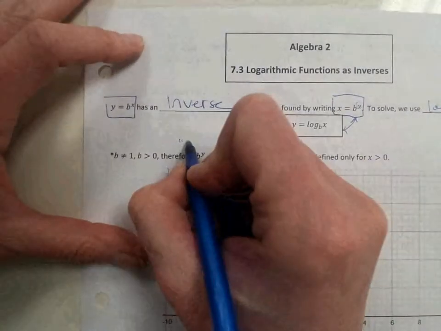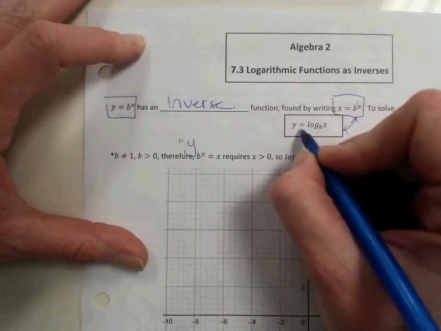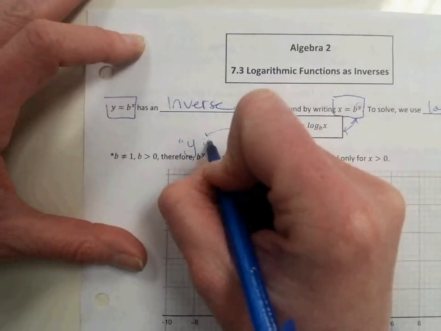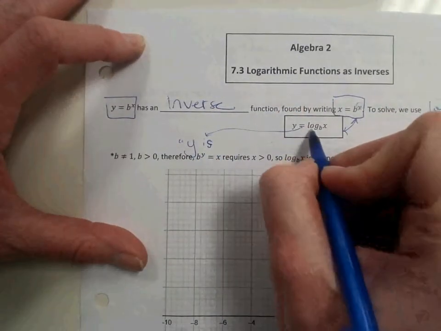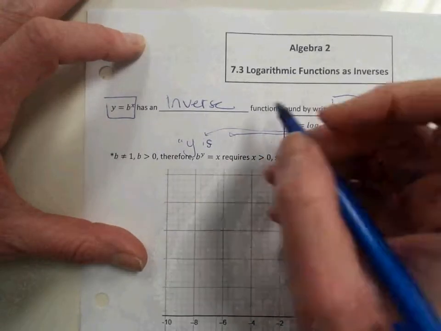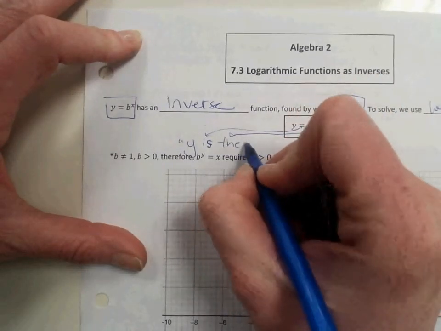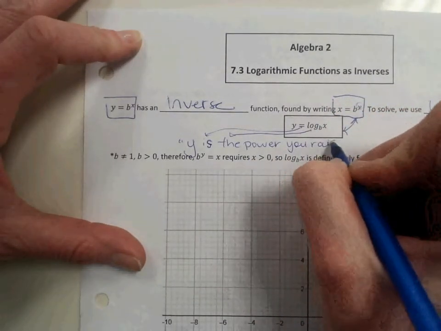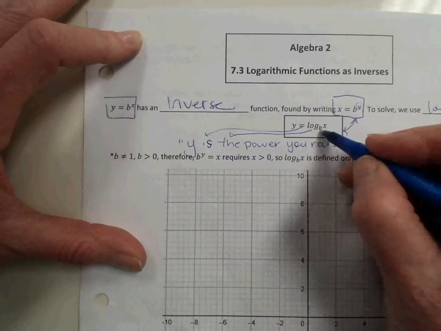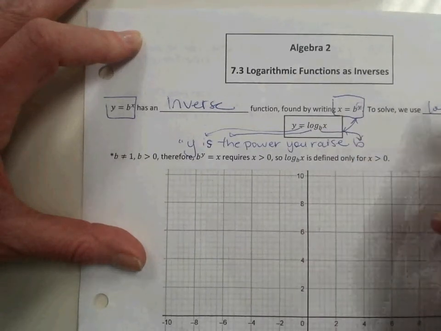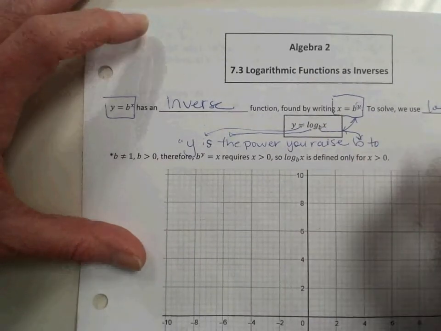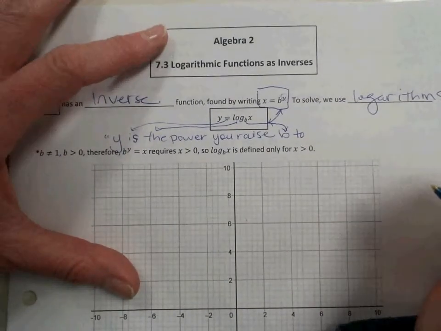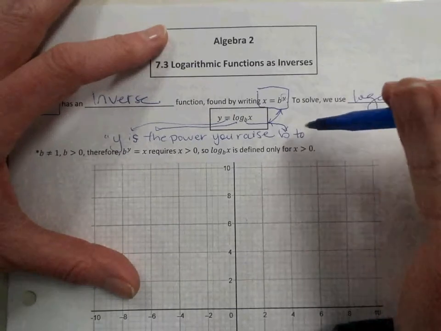Y, and then the equals symbol is the word is, log will be translated into the power you raise, and then b to, I don't feel like this is necessarily grammatically correct, but it helps us think about how to go from one to the other.